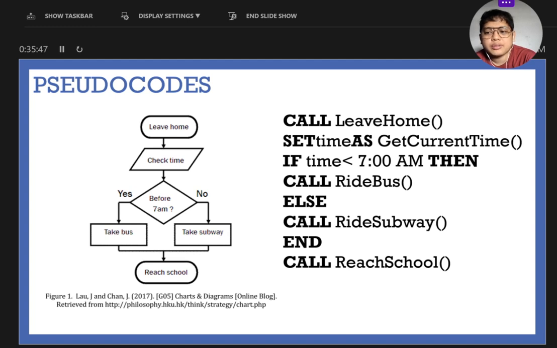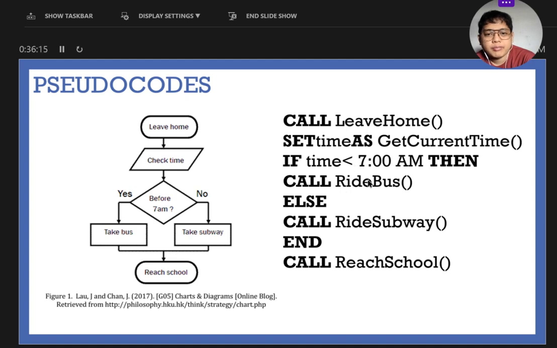First, we wrote a call function to start the flow, to leave home. Then we wrote the set keyword to set the time value to a variable. Next, we wrote the if-then-else keyword.